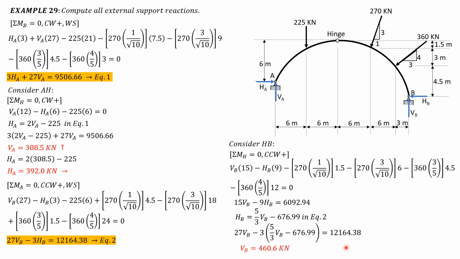Solving for V sub B, 460.6 kilonewtons upward. And HB, substituting here, is 5 thirds of 460.6 minus 676.99. So HB is 90.68 kilonewtons. So that's it for the solution of this problem.